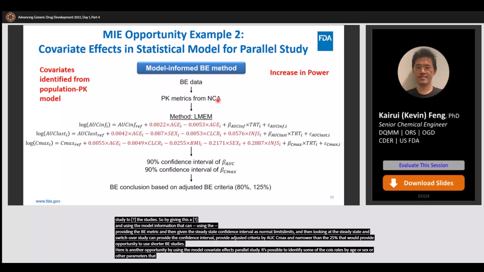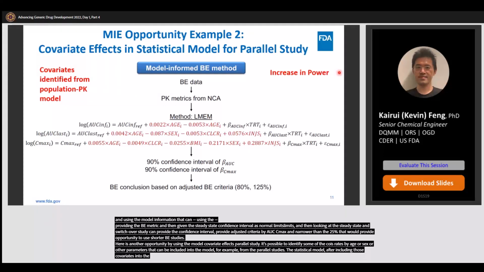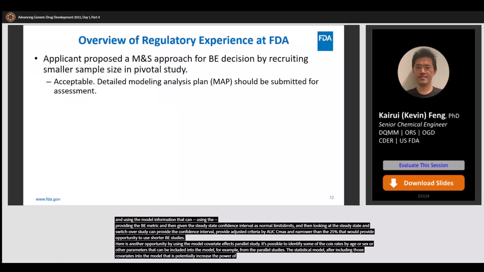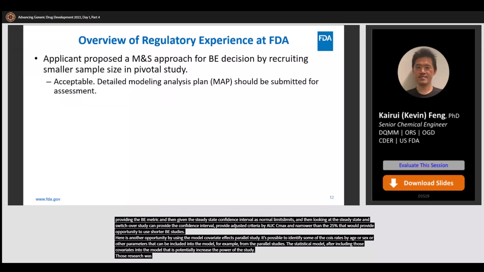For example, in some of the parallel studies, after including those covariates into the statistical model, that potentially increases the power of the study. Those research projects were proposed by GDUFA research grants and fundings.